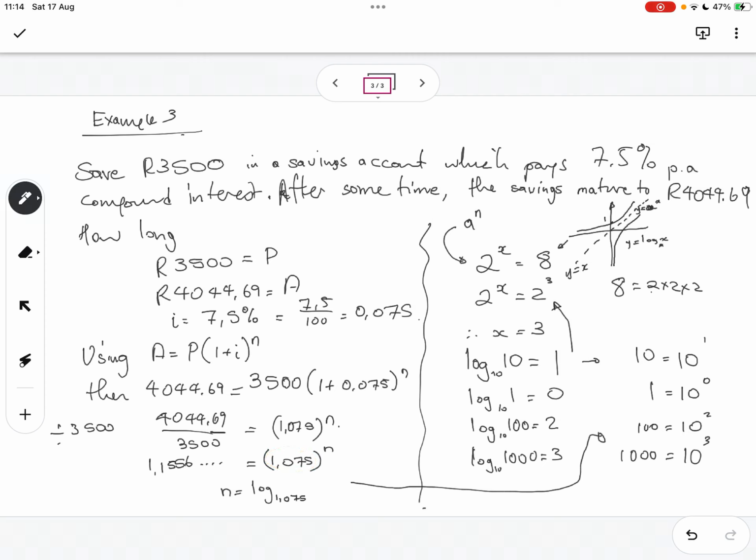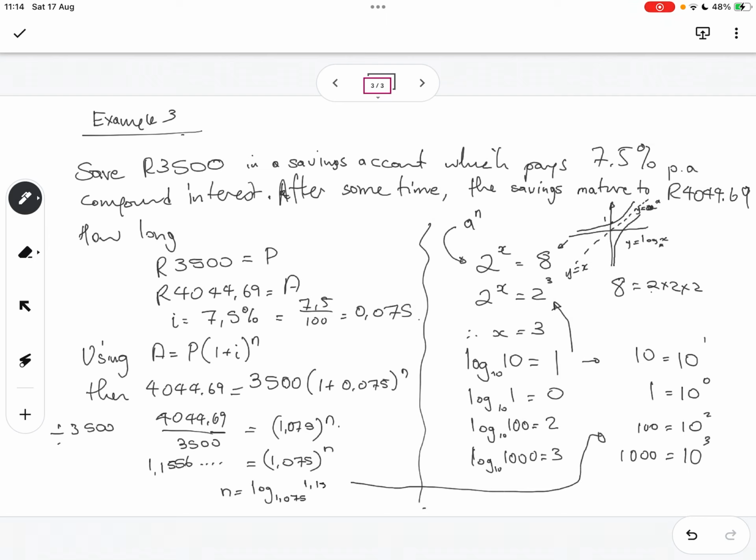Remember, in this exponent form, this is our base, 1.075. So we write that as a base. Now we have to make this explicitly a base because by default, our calculator uses base 10. So we will have to work with base 1.075. But our calculator doesn't have that, so I'll show you how you use that on your calculator.